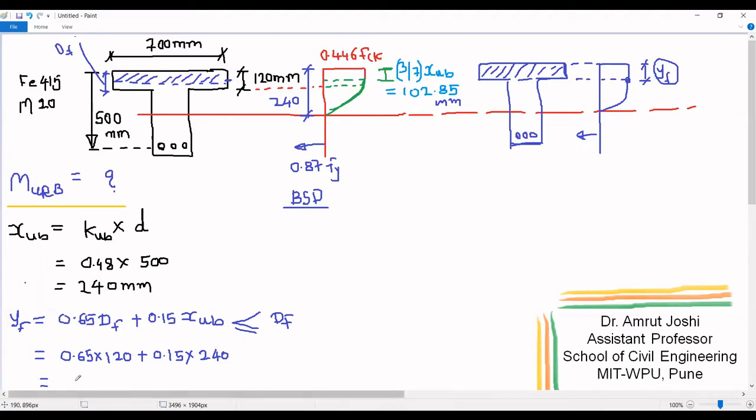This is equal to 114 mm, which is less than 120 mm, the flange thickness DF.